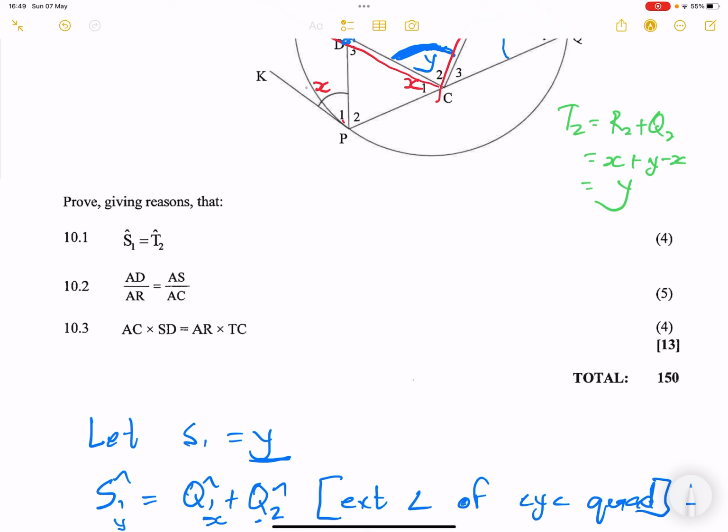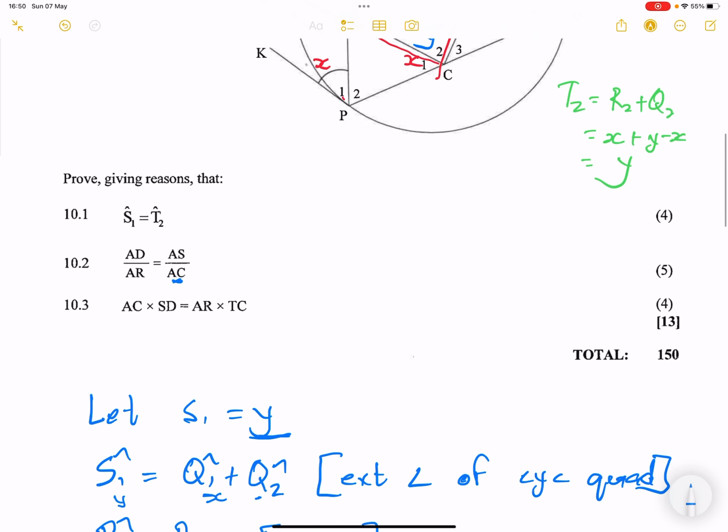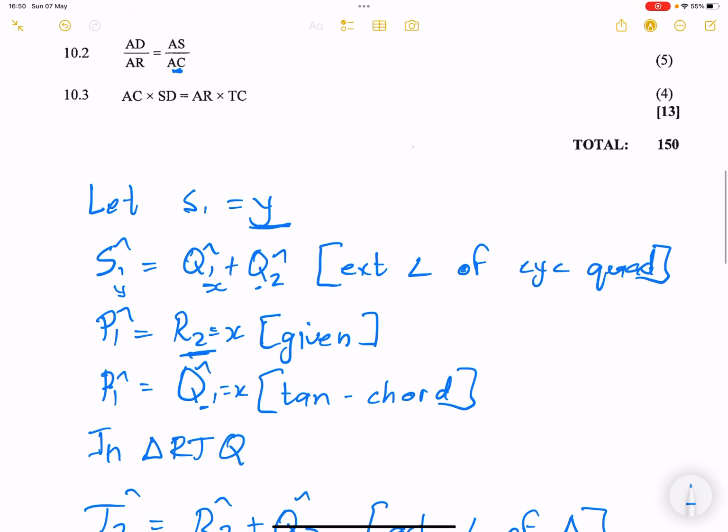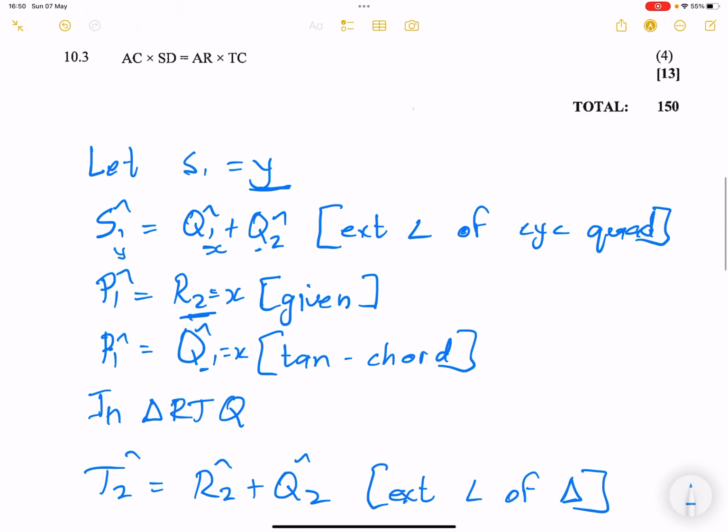Now, if I look at that, ladies and gents, I already have something that I've proven there, right? So why can I not just use what I've already proven in the previous statement to try and prove what is given to me there, right? So remember, what do I have?